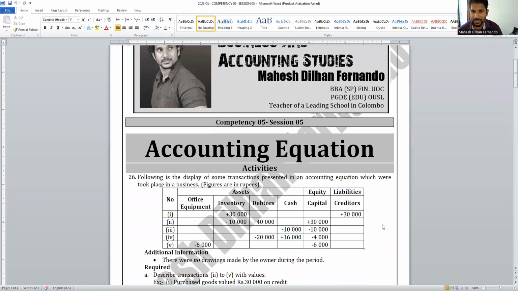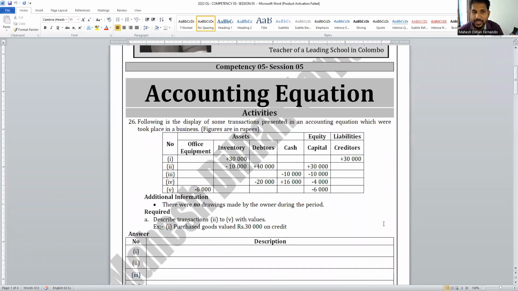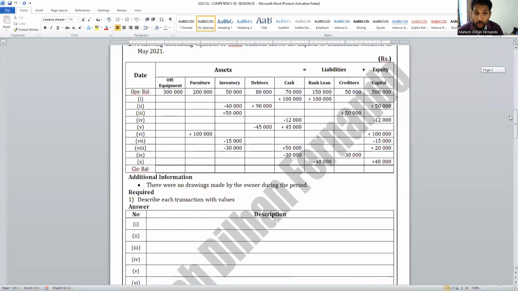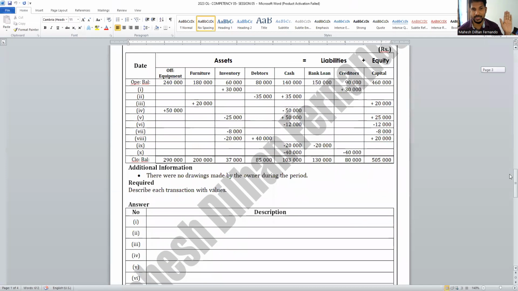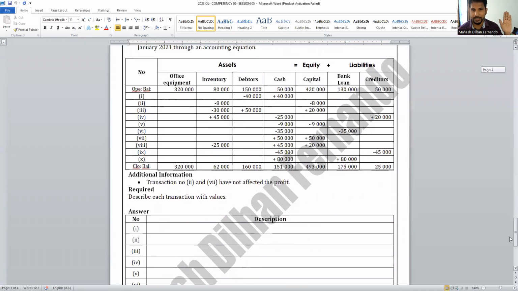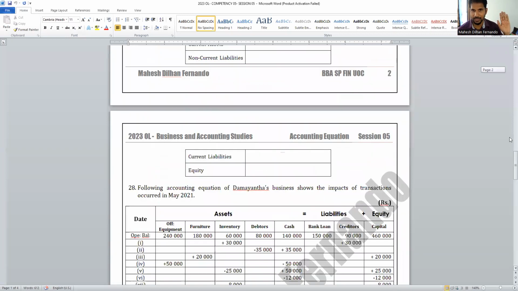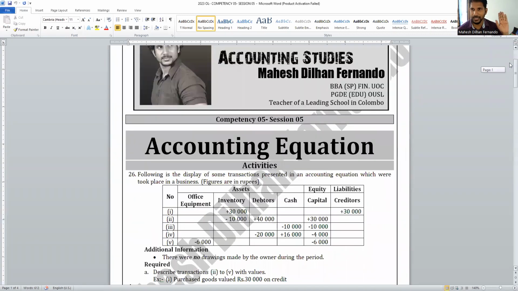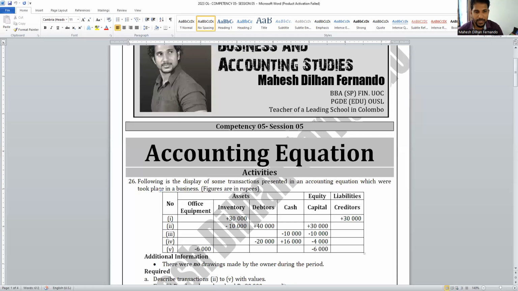Here, they have given you transactions. You have to describe the given transactions. There are 4 questions, right? Let me open the worksheet also. Give me a minute.